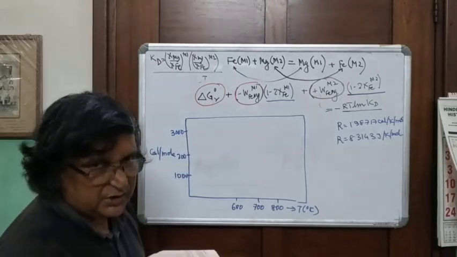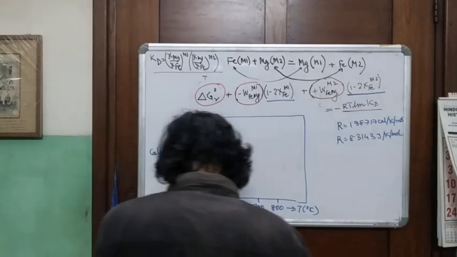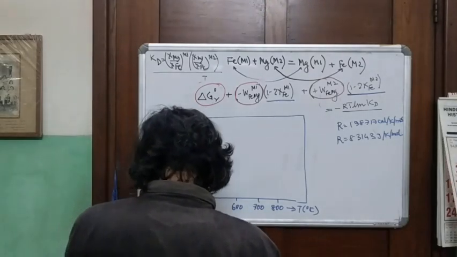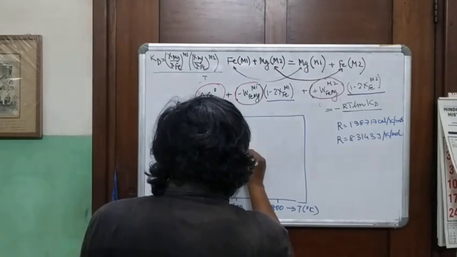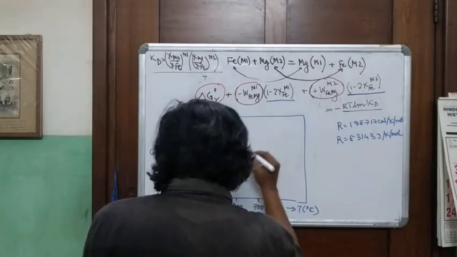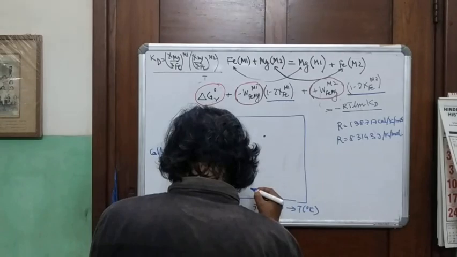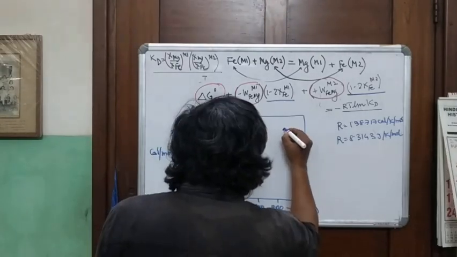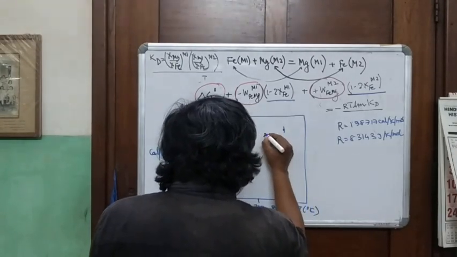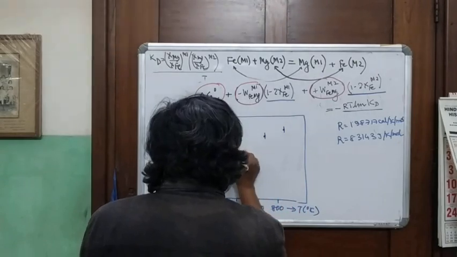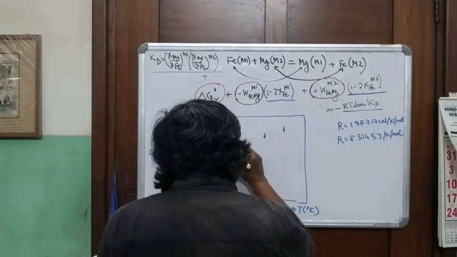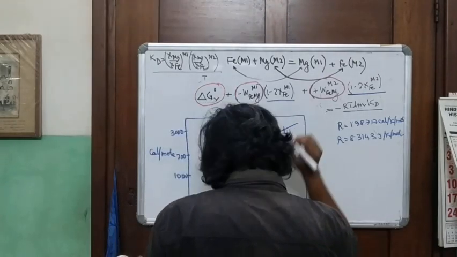I will draw it approximately. It's not possible for me to do it more accurately. These are the error bars, and you draw a line like this.